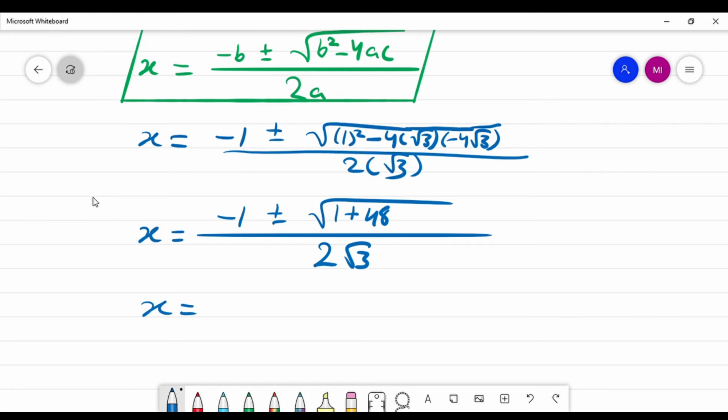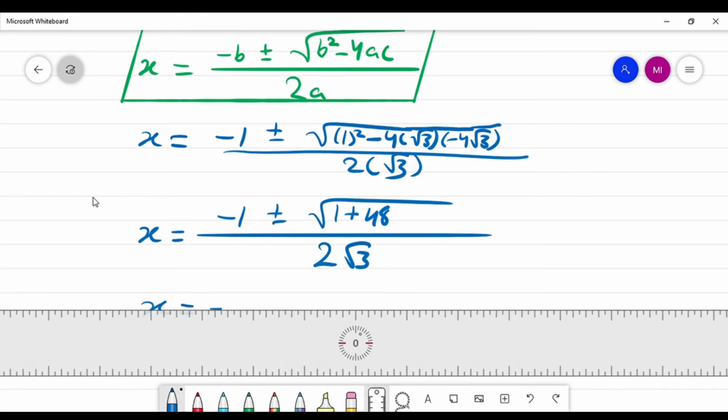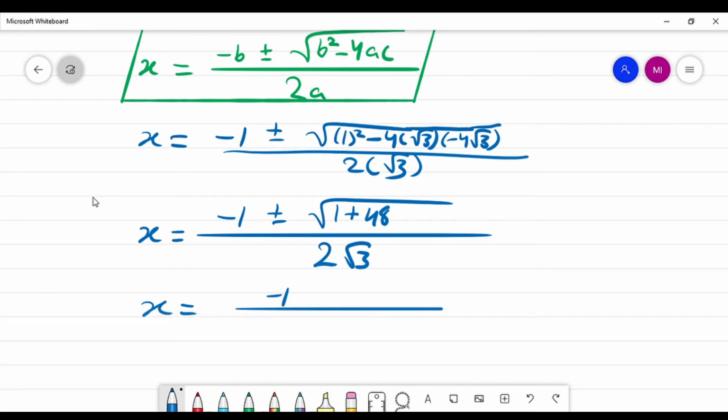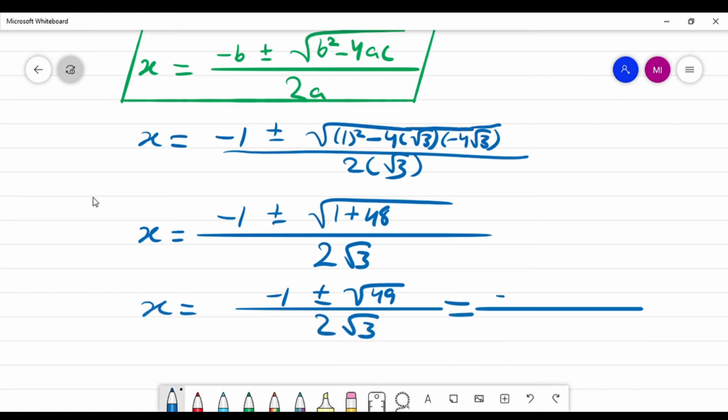So x is equal to negative 1 plus minus under root of 49 divided by 2 under root 3, which is equal to negative 1 plus minus 7 divided by 2 under root 3.